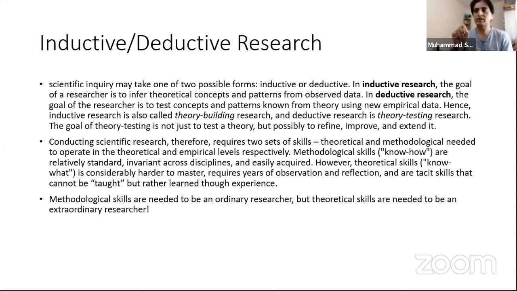It is harder to master, requires years of observation and reflection, and is a tacit skill that cannot be taught, but rather learned through experience. So methodological skills are needed to be an ordinary researcher, but theoretical skills are needed to be an extraordinary researcher. So in theoretical skills, you have to find what you would like to find and why you would like to find something in your research.